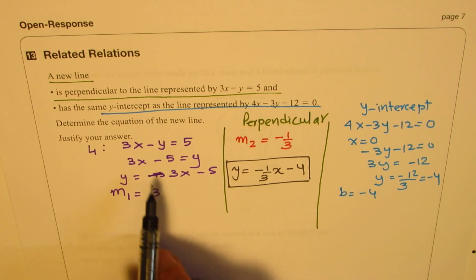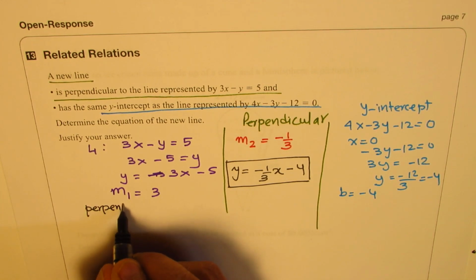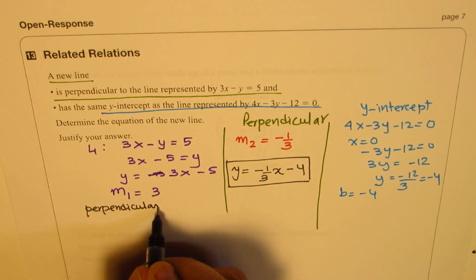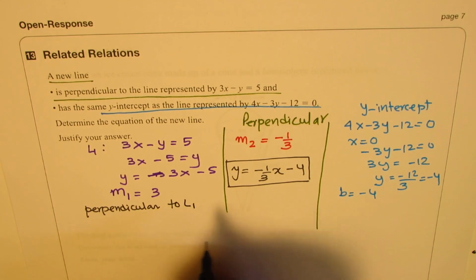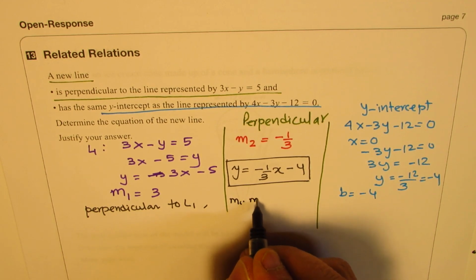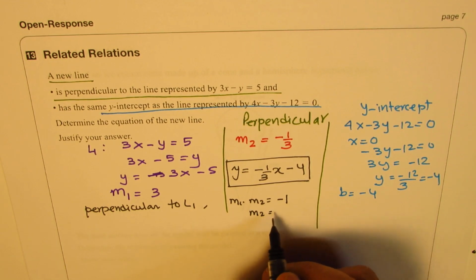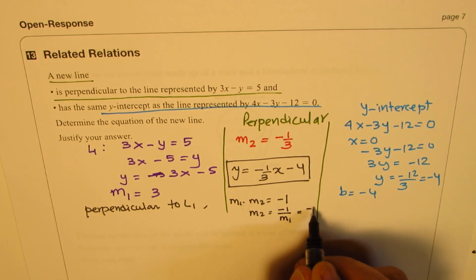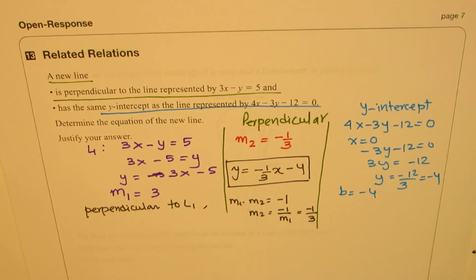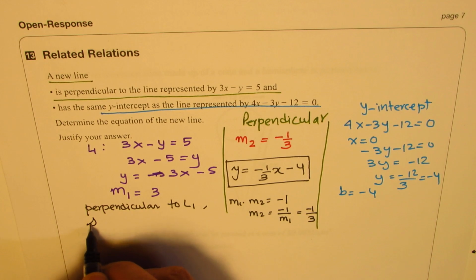So we have justified that the line is perpendicular to L1. Therefore, m1 times m2 should be equal to minus 1. So m2 is equal to minus 1 over m1, which is minus 1 over 3, correct? That is the justification.